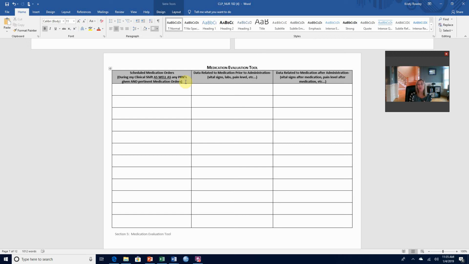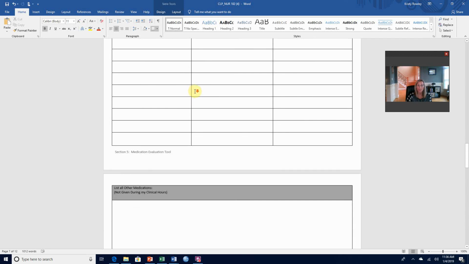Well, they need to list that in order to see the big picture. You have a patient that has sepsis, so they have to have an antibiotic to fix that. What's going on? How are they fixing that? So that would be a pertinent drug. Same thing if their patient was a CHF patient with a lot of fluid retention, but Lasix wasn't scheduled until after their clinical shift. They would need to include that pertinent information.